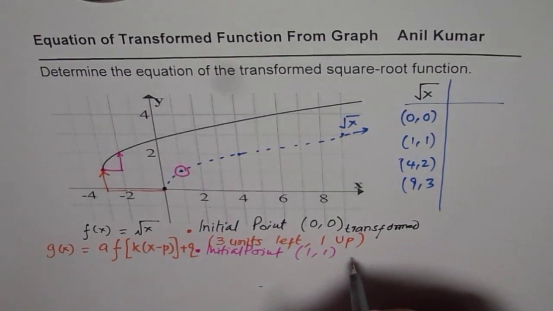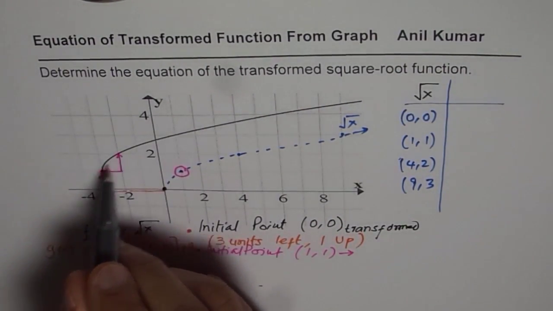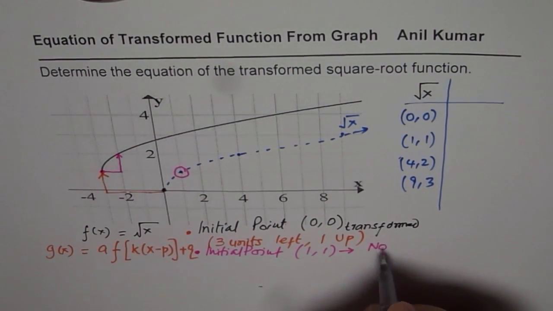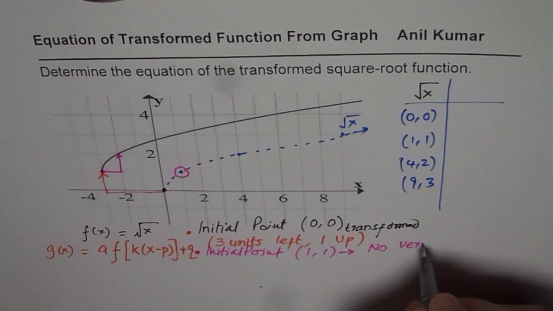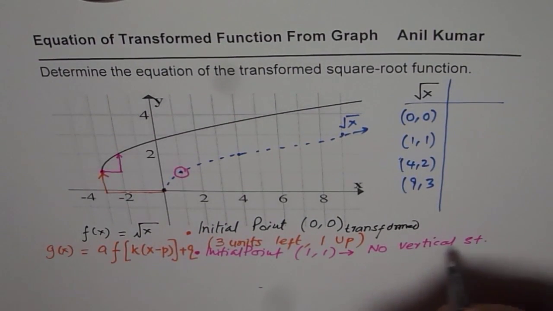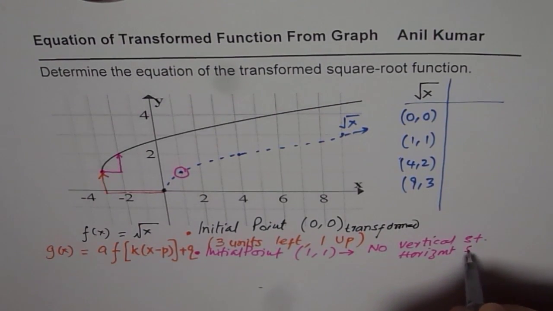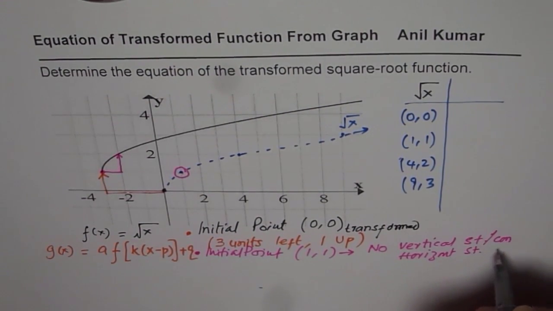That means in this particular case, since it translates to a similar relative position, we can say no vertical stretch or horizontal change, right? When I say stretch, I mean compression also.